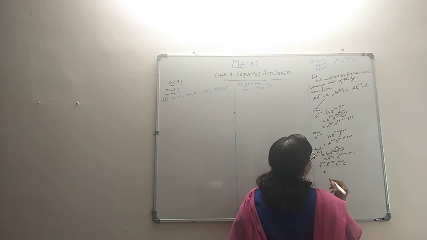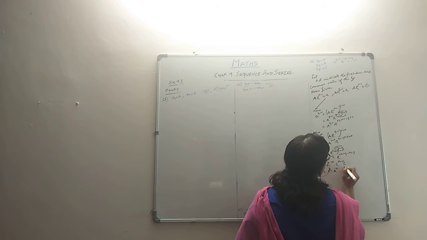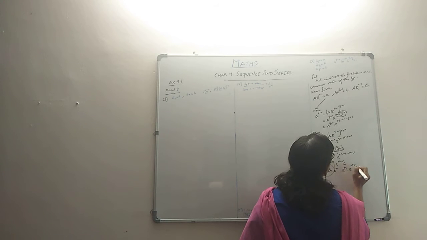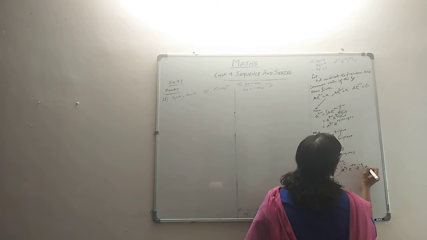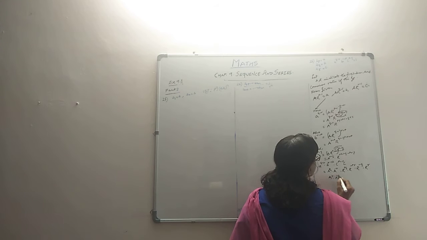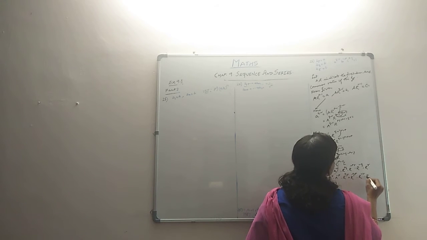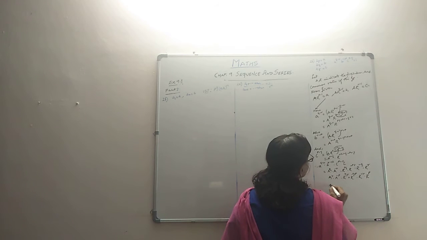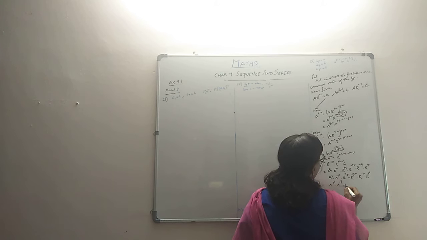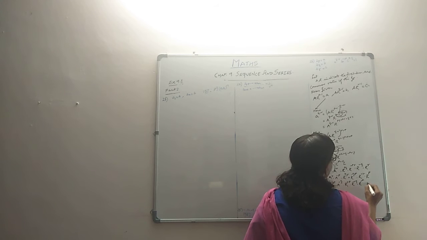So, either we could write it like that, or we could have it like a raised to q into a raised to minus r, and this is r raised to pq, r raised to minus pr, r raised to minus q, r raised to r. The next term is a raised to r, a raised to minus p, r raised to qr, r raised to minus qp, r raised to minus r, r raised to p. Then a raised to p, a raised to minus q, r raised to rp into r raised to minus rq, r raised to minus p, r raised to q.